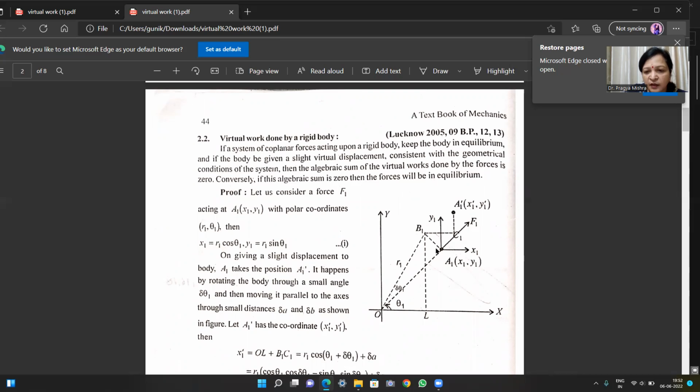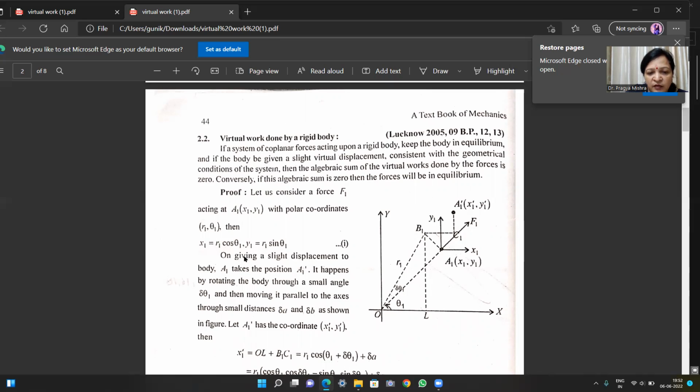So here, let us consider force F1 acting at a point x1, y1 with polar coordinates r1, θ1. The Cartesian coordinates of this point A1 are x1, y1 and the polar coordinates are r1, θ1. In that case, we have x1 equal to r1 cos θ1 and y1 equal to r1 sin θ1.